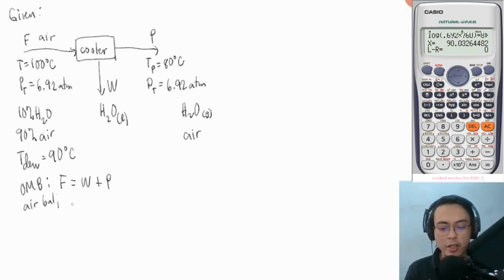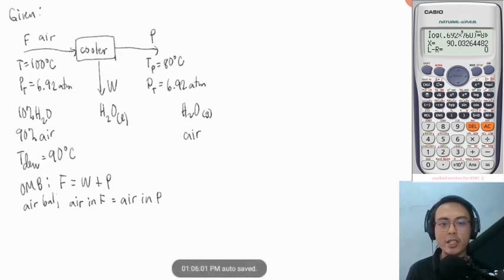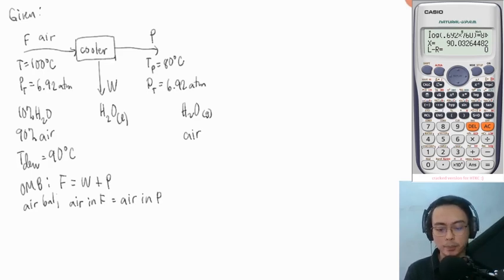You get the air in F is equal to the air in P. Meaning to say, air is a tie component, or air here is an inert. Whatever air enters in the feed, it also exits in P. Okay? The only thing that changes between the feed and the product is the water.